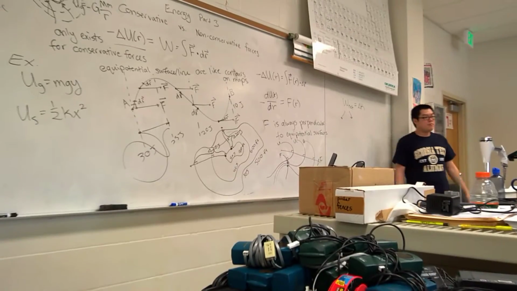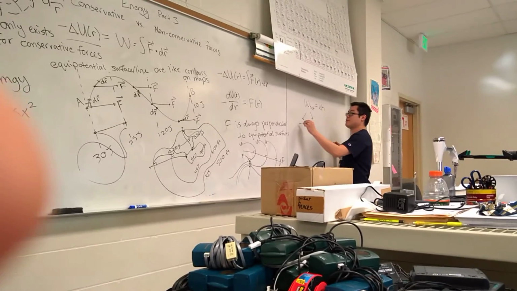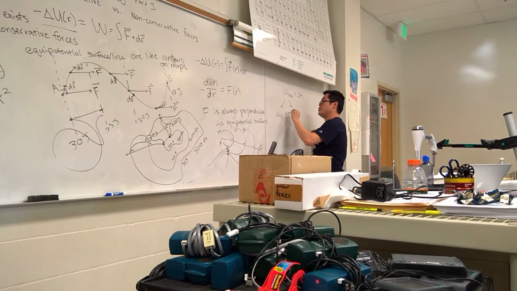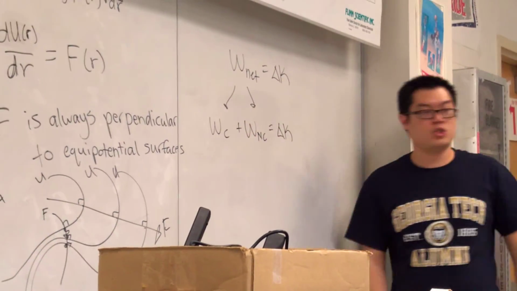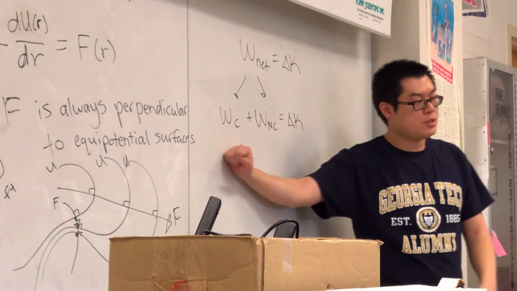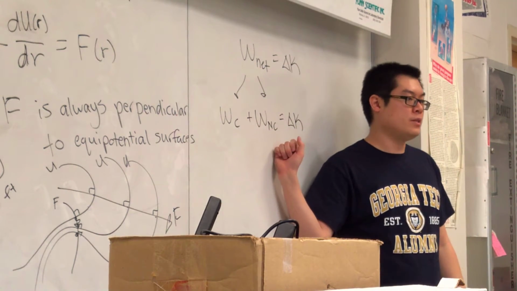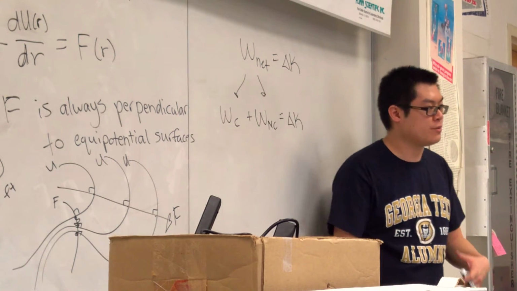And then the concept: we can break work by forces acting on an object into two kinds of work. You have conservative work and you have non-conservative work. So if an object is experiencing different forces, some of those forces are conservative, some are not. It's binary, conservative or not.